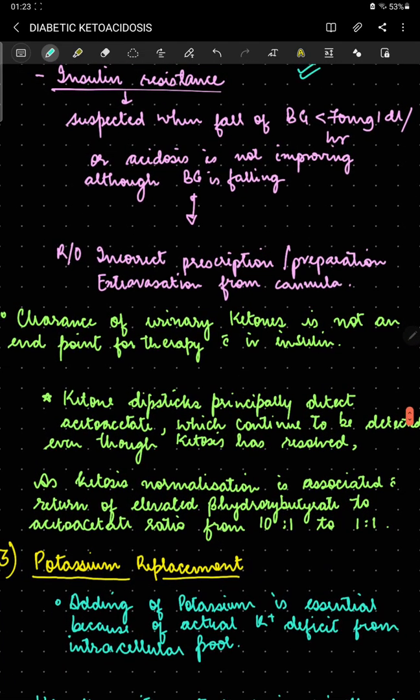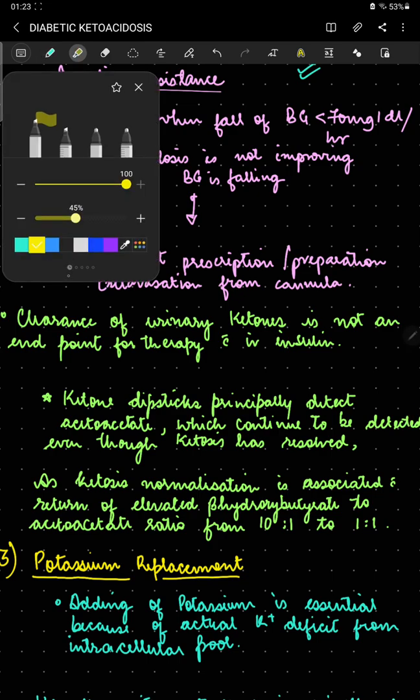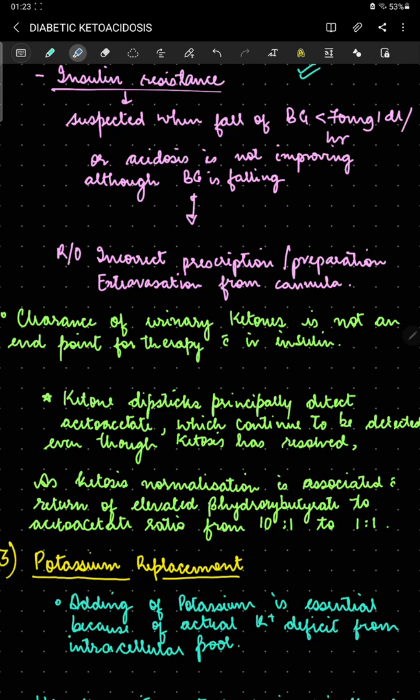When do we label it as insulin resistance? It is labeled as insulin resistance when the blood glucose of the child is not falling less than 70 milligram per deciliter in 1 hour, or the acidosis is not improving although the blood glucose is falling.